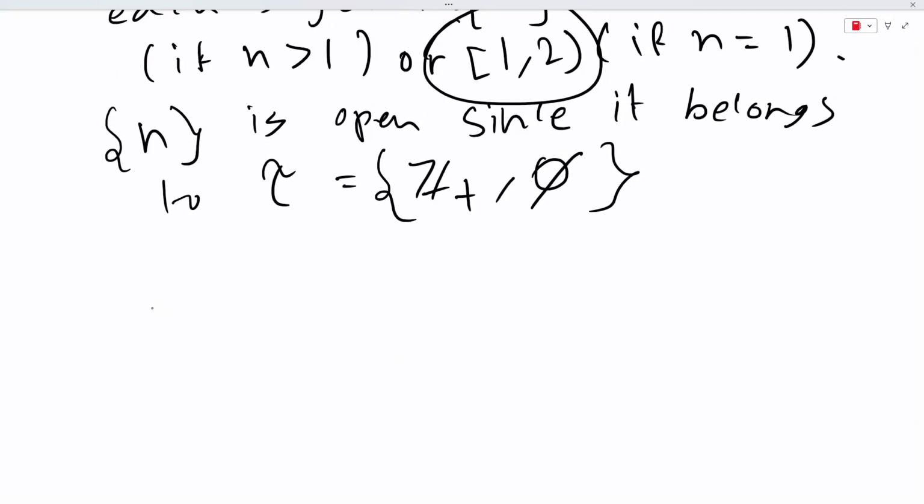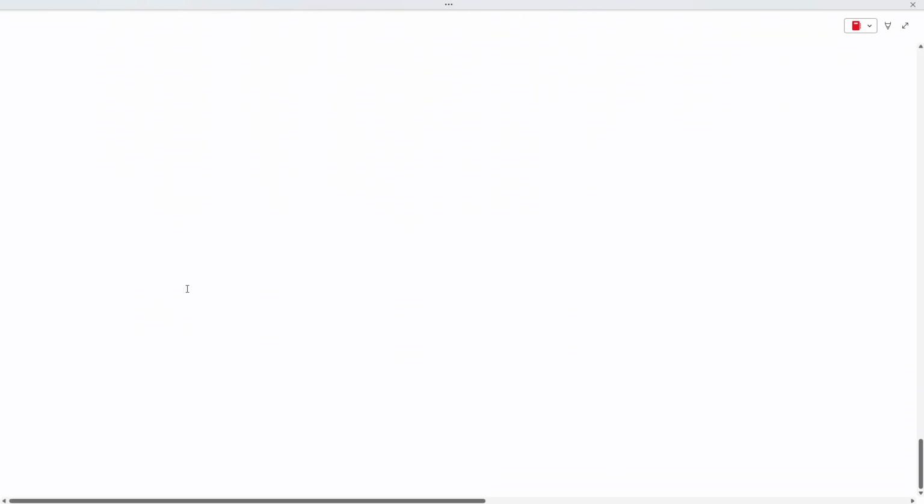Now we can look at what we call rays. So first we define them. Definition: open ray.